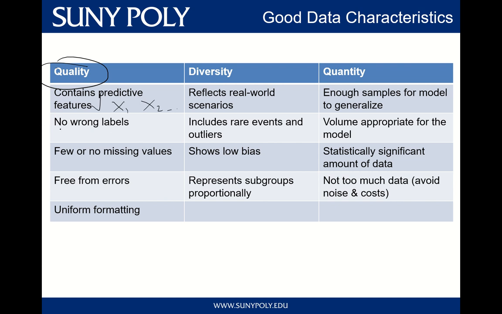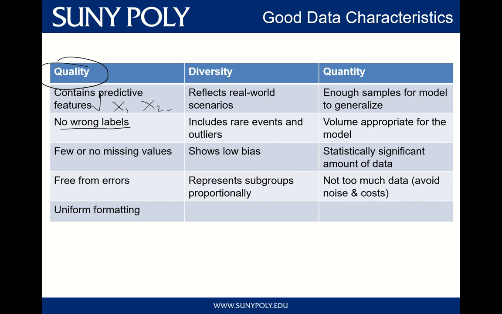Our labels are fine. This is a challenge because during class, even if you're using a textbook, most of the data sets are perfect data sets. You have complete information, there are no errors in the labels, but in real life, that's not how it works. In most cases, initially you will find a lot of problems.